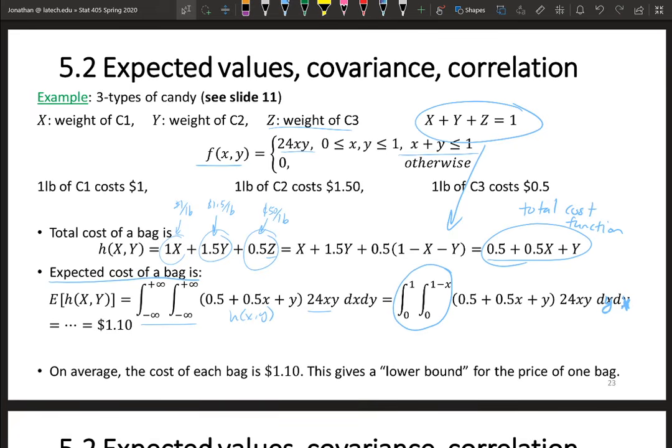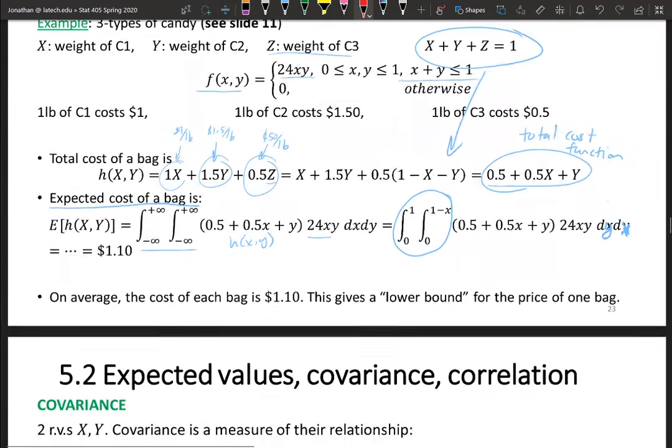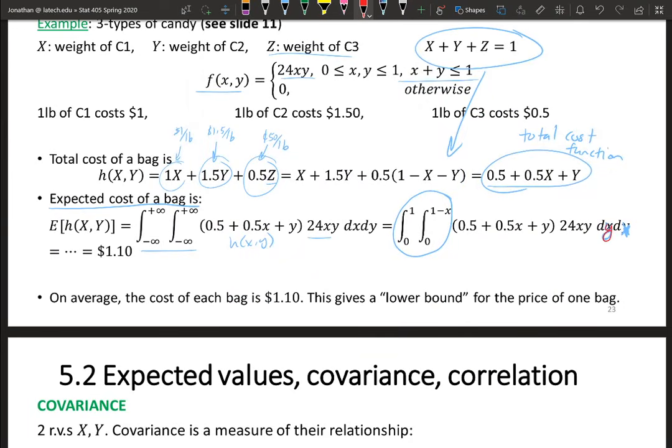All right, so this is the cost of a bag, $1.10. Make sure you just note that these changes right here should be a y, because they're doing y first based on their bounds. And then this should be x. So dy dx. You do that integral, you get $1.10 per bag. That's the expected cost of your bag.